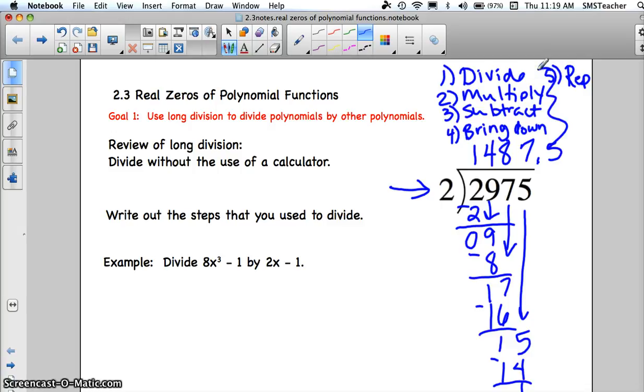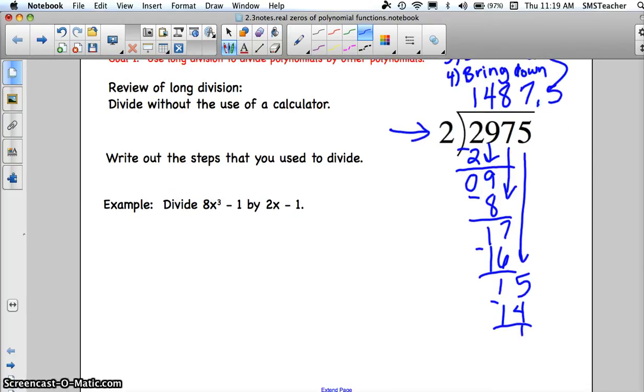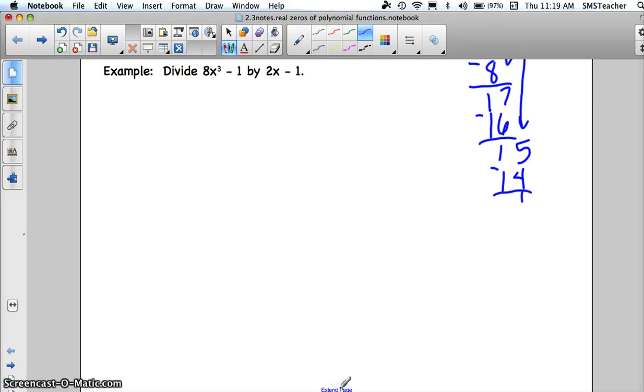Let's look at that long division with example 8x cubed minus 1 divided by 2x minus 1. With long division of polynomials, we'll put 2x minus 1 divided into, and notice our highest degree is 3.